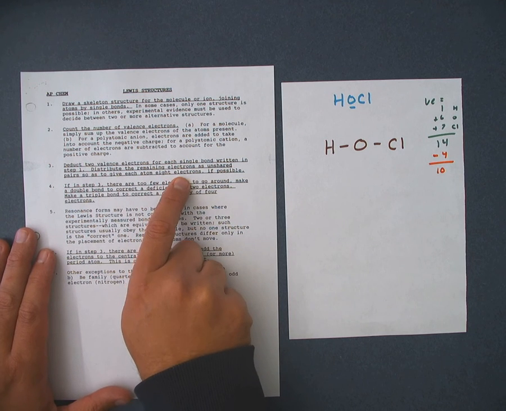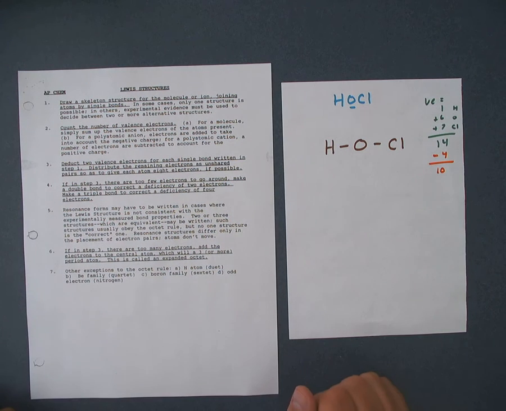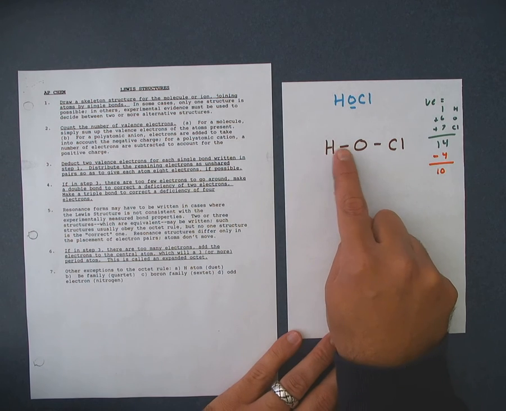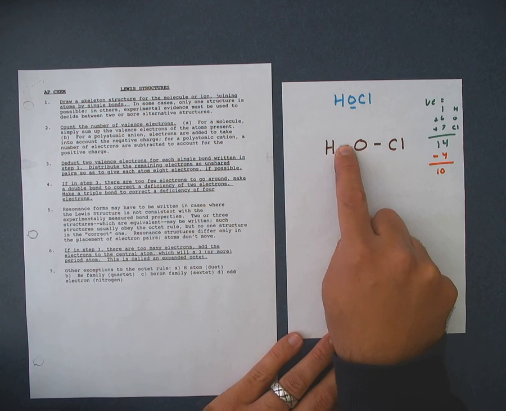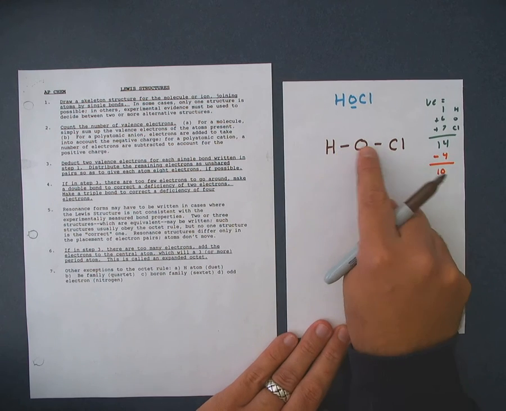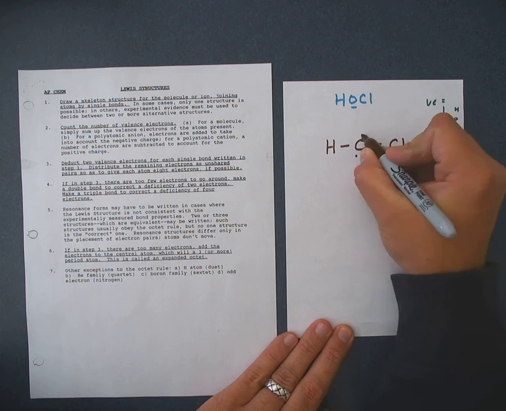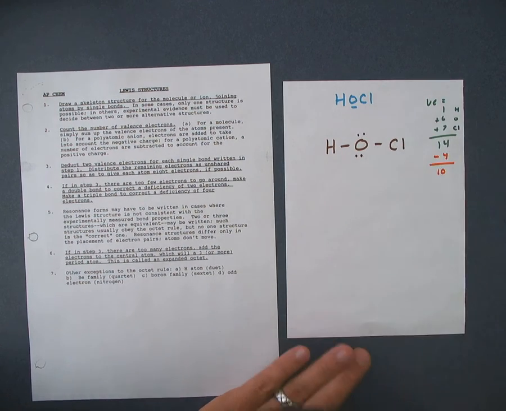Now that's not true for each atom because hydrogen is so small it only wants 2 electrons. And this hydrogen already has 2 electrons shared in this bond. This oxygen has 1, 2, 3, 4, and we need a 5, 6, 7, 8.